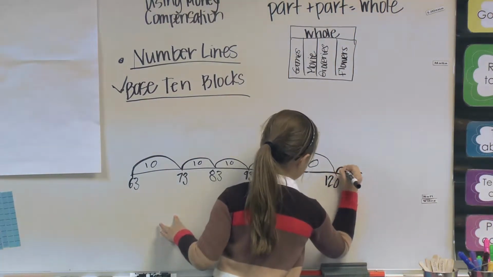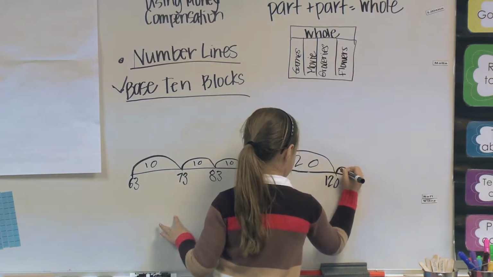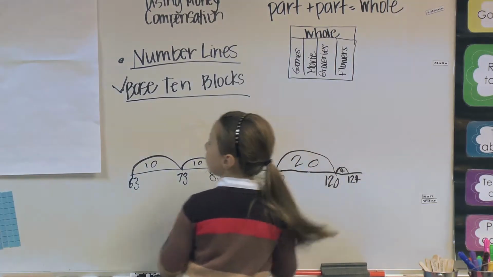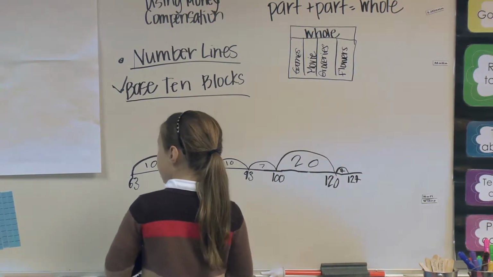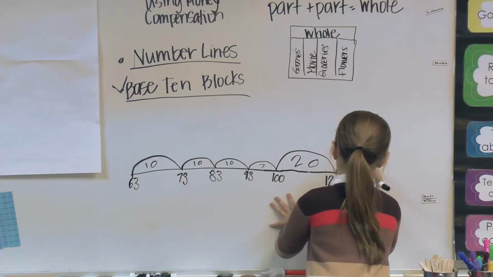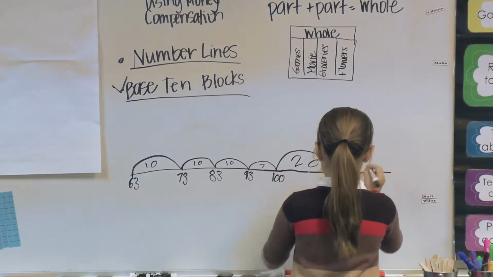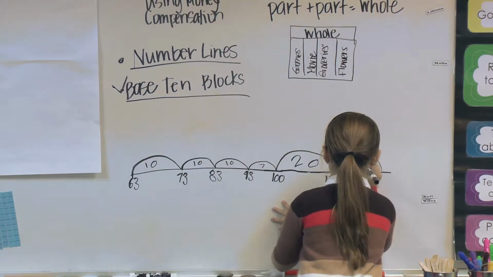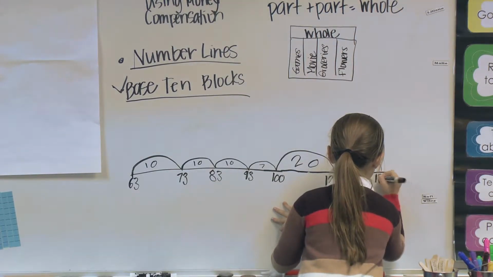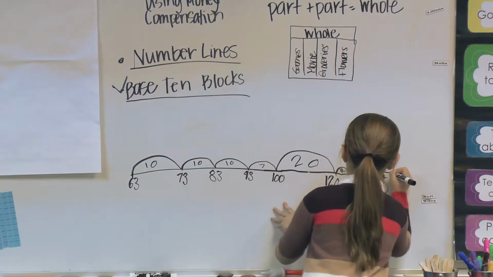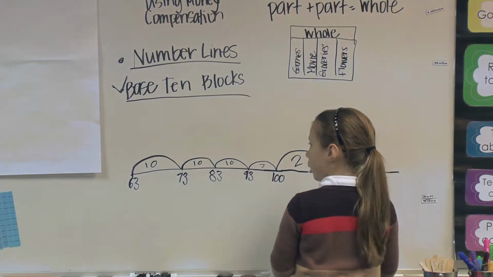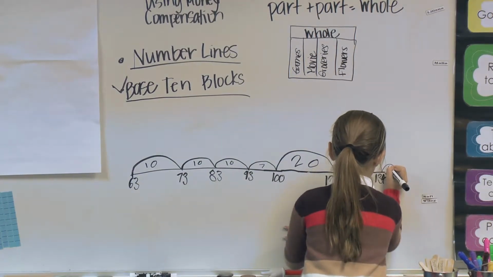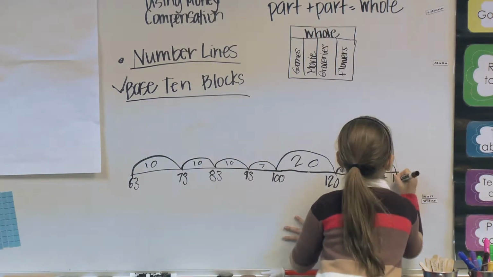Plus 4 equals 124. But now you just have to do 16 more jumps. And then that would be one jump of 10. That would be 134. And then one jump of 6. And that would be 140.